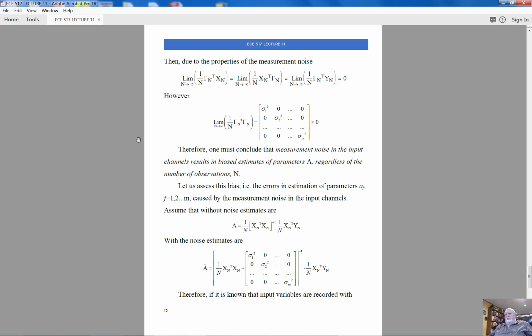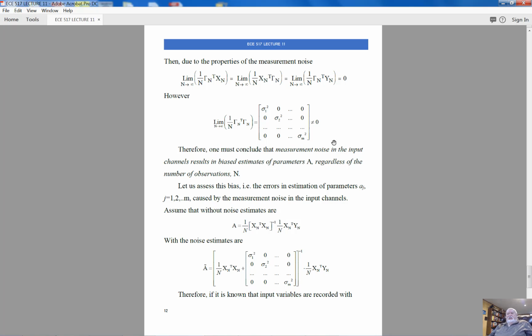So what's left? This term, even if n approaches infinity, will never disappear. It will be equal to this. It's a square matrix. It's a diagonal matrix, and all diagonal elements are equal to the variance of noise in channel number 1, channel number 2, and so on.